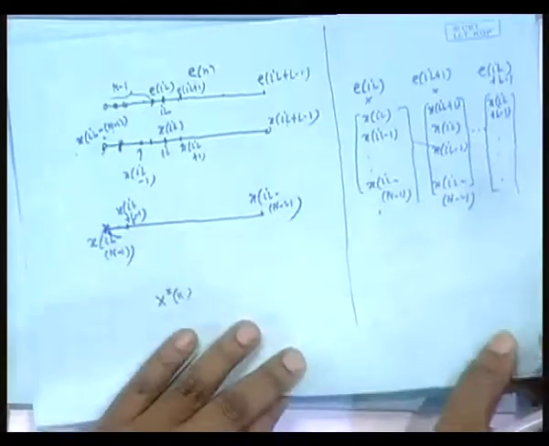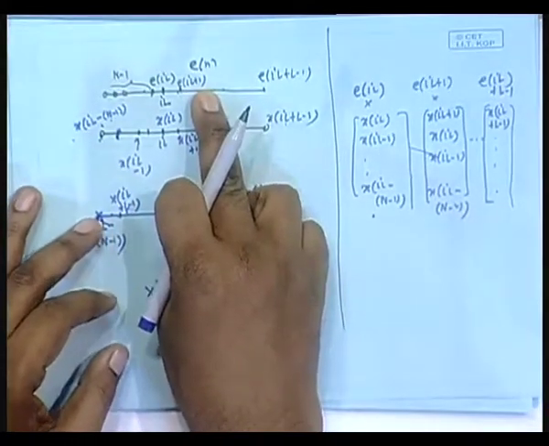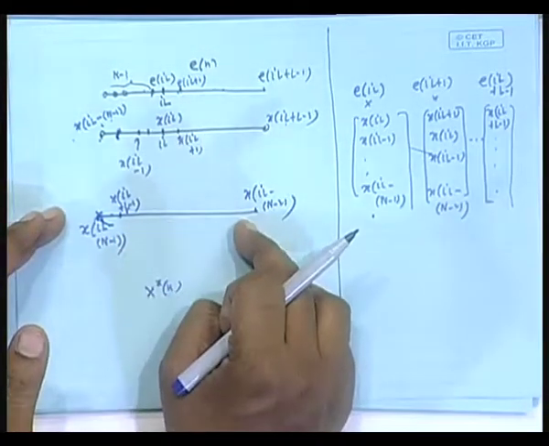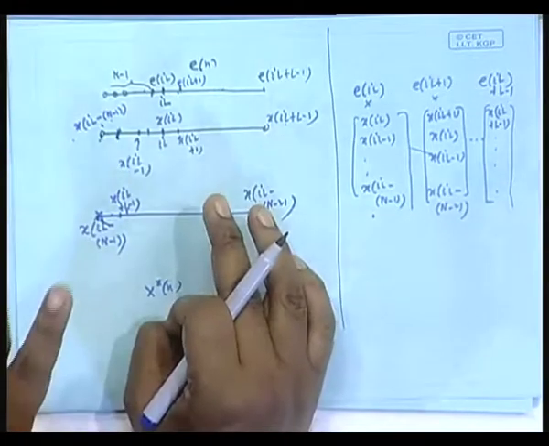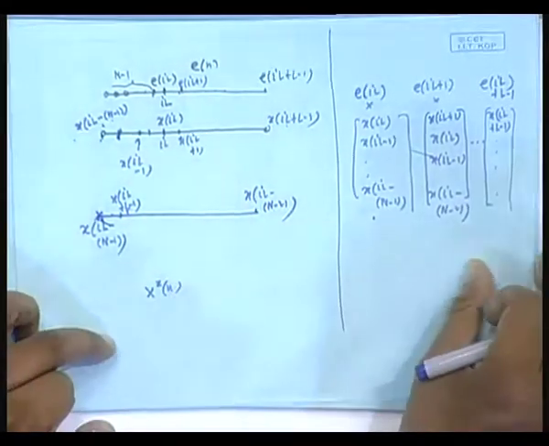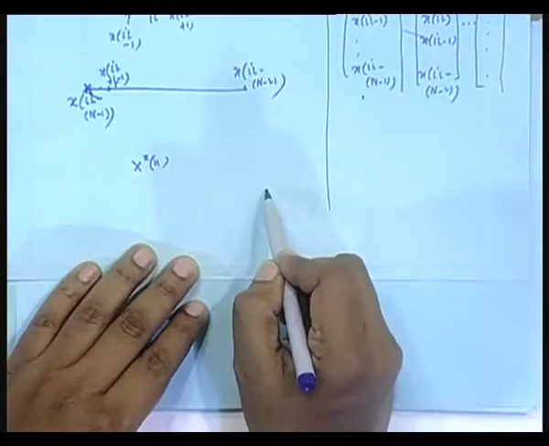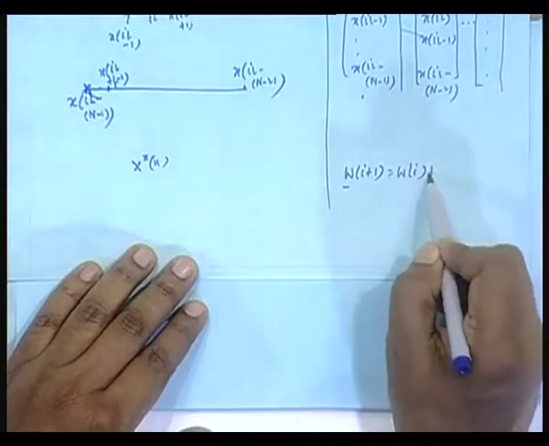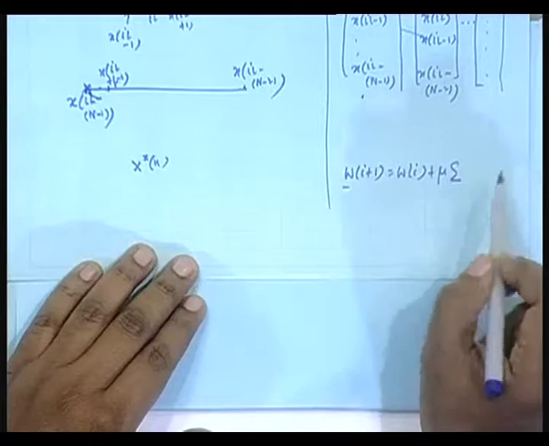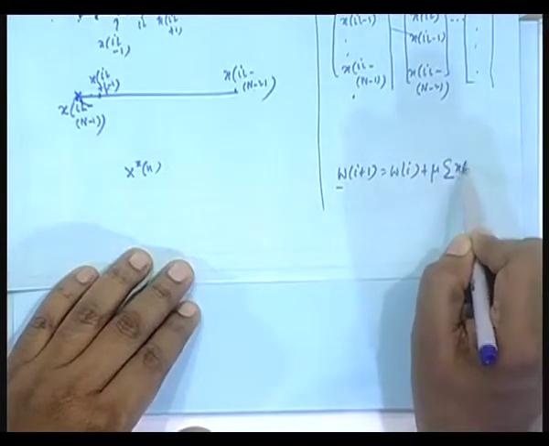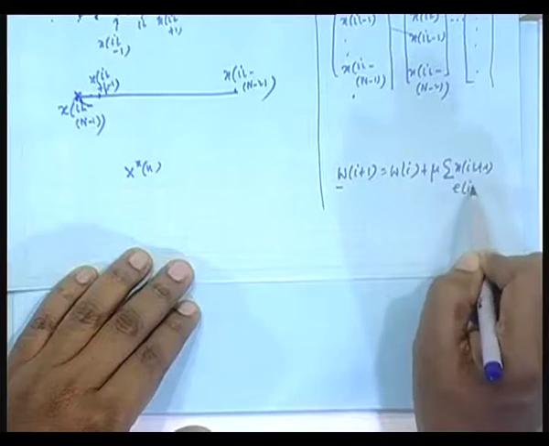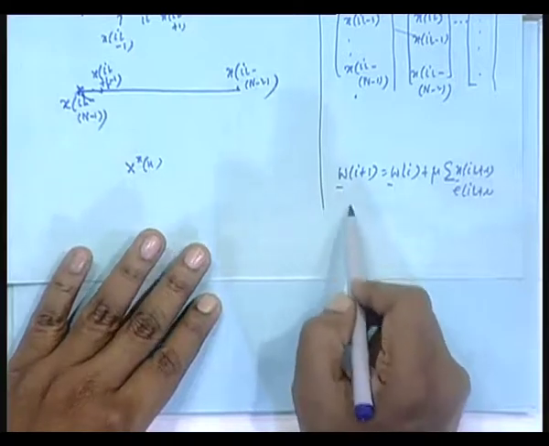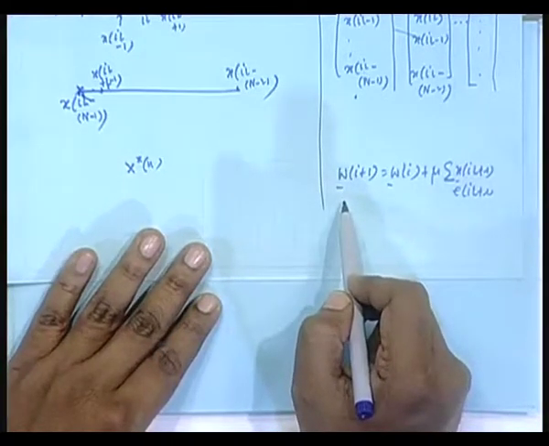So, by IDFT, what do you get? Circular convolution between the two. But I told you between the two, I will return only the first n ones, remaining ones I will put zeros. Why 0? You will see. Why 0? Because my weight update formula is, all these are length n, isn't it?